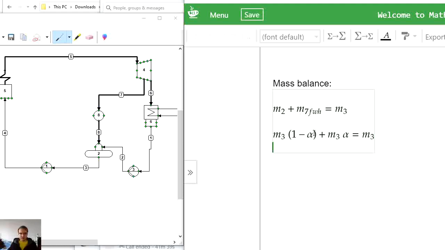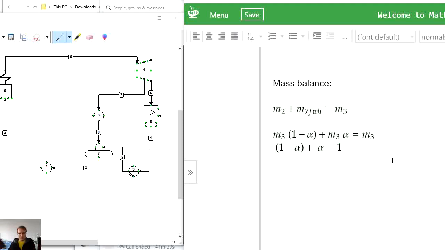Which we can also rewrite: as we have M3 everywhere, we just get rid of the M3 and we get this.